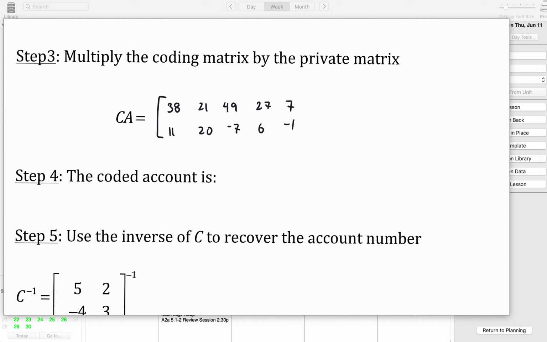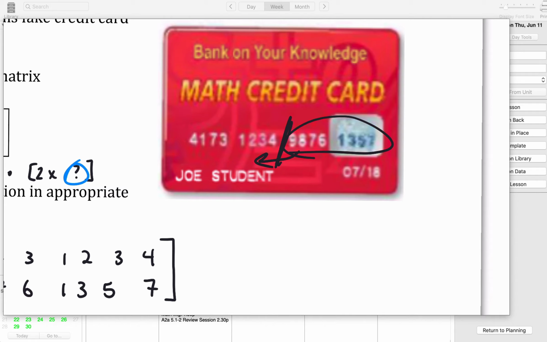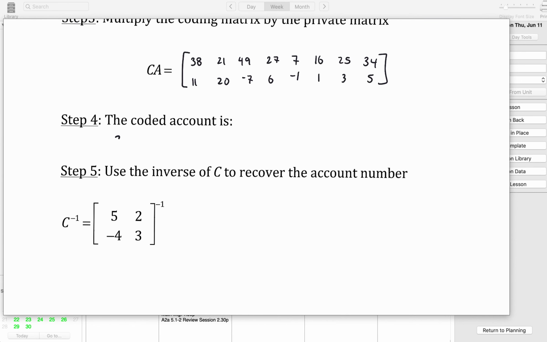And 16, 25, 34, and 1, 3, and 5. Okay, so this is the coded account. It's these numbers right here, the 4, 1, 7, 3, etc., has now become, and I won't write it all out because it's going to take a while, 38, 21, 49, 27, 7, 16, 25, 34, all the way to the 5 there.